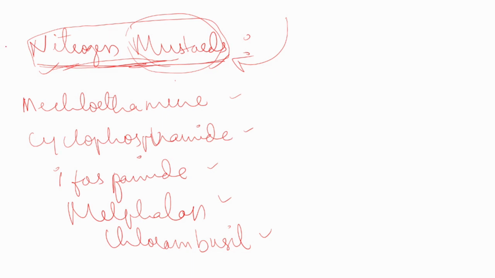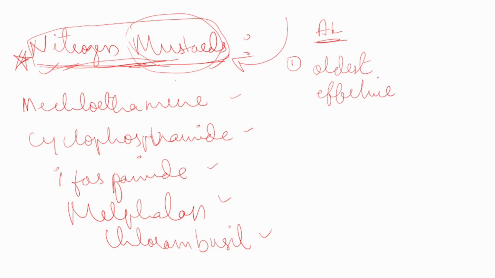In alkylating agents, nitrogen mustards are one example of a class of drugs. When we discuss alkylating agents, the first very important point is that they are the oldest among all anti-cancer drugs and they are very effective.